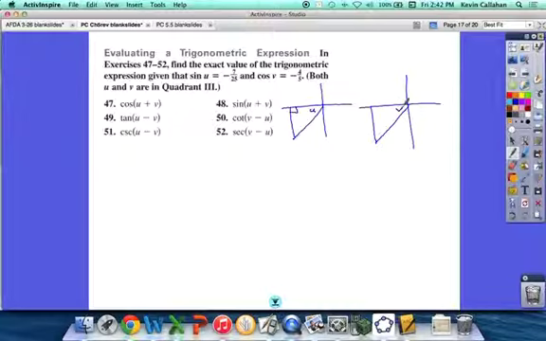Negative 7 over 25, that's a sine, so negative 7, 25. And negative 4 is cosine, negative 4 and 5. And 5, negative 4, this is negative 3. How about this one? 25, negative 7, 625.